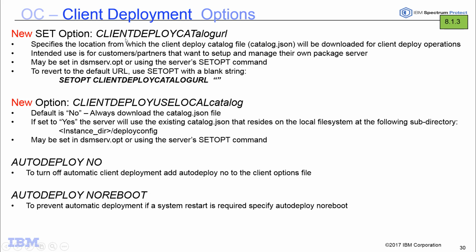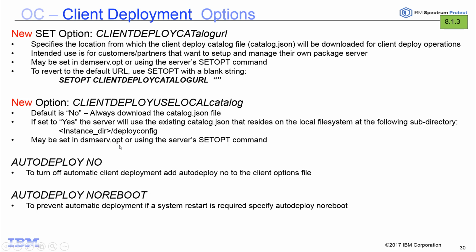They can also do this client deploy use local catalog if they always wanted the Spectrum Protect hub server to look on the local server inside of the instance directory /deploy config. If you use either of these options, you do have to maintain your own catalog.json file, as well as making sure that the deploy packages are present and the update packages.